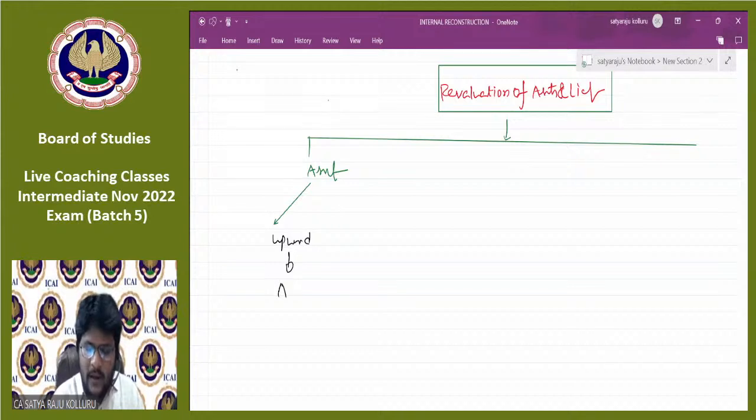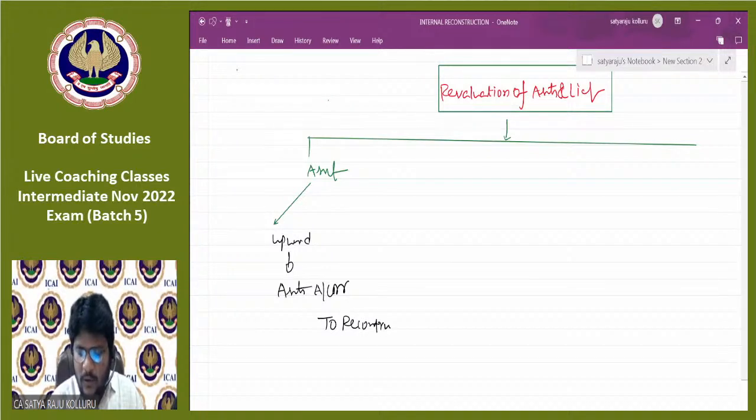Profit. That's why the entry is asset account debit, to the extent of revaluation profit, and now we need to transfer to reconstruction account, or you can also transfer to capital reduction account. Both account names are the same.